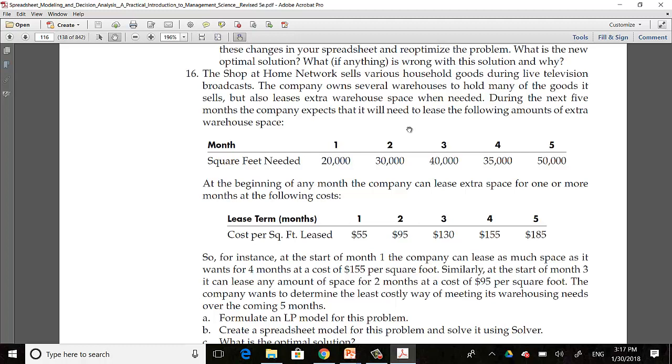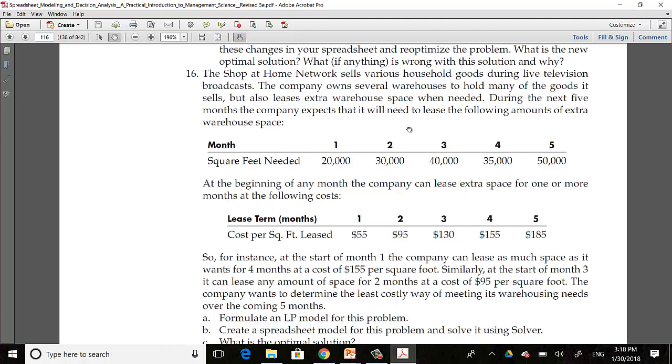Alright, so read through the problem statement. Well, the decision is the number of square feet at that month, times four months. So we have to lease more space first.